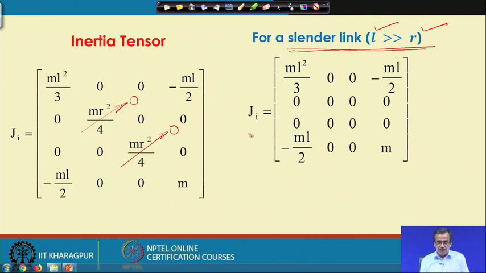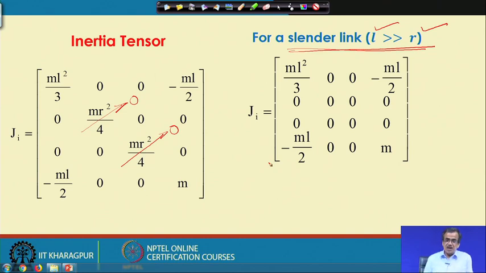So, the inertia tensor will become [mL²/3, 0, 0, −mL/2; 0, 0, 0, 0; 0, 0, 0, 0; −mL/2, 0, 0, m]. This is nothing but the inertia tensor for the robotic link having circular cross section of radius r.